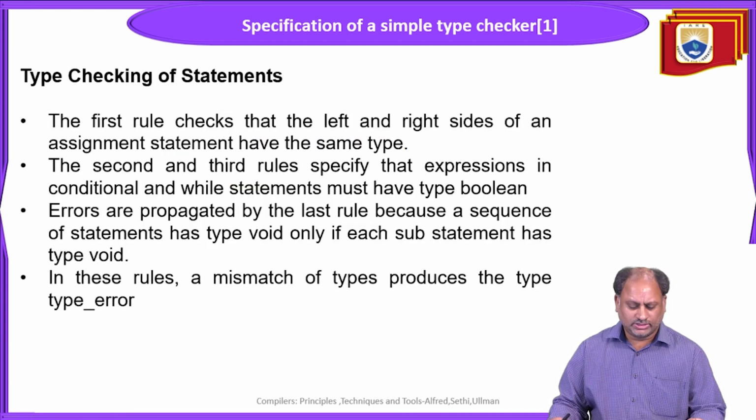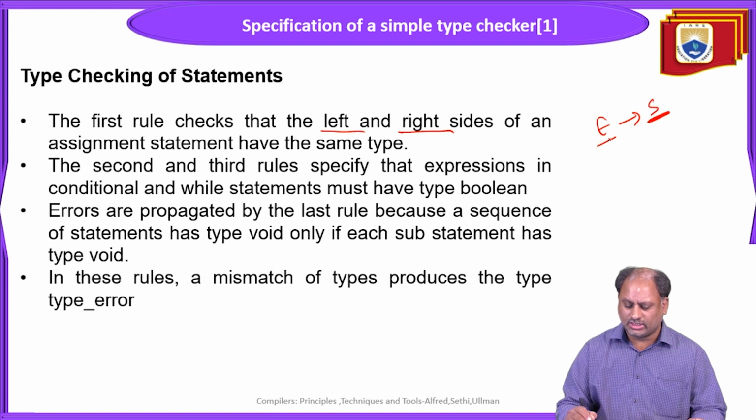The first rule of the checkpoint here is that the left and right sides of assignments have the same type. So here E derives some expression, and we check whether the left side and right side evaluations of the assignment have the same type or not.